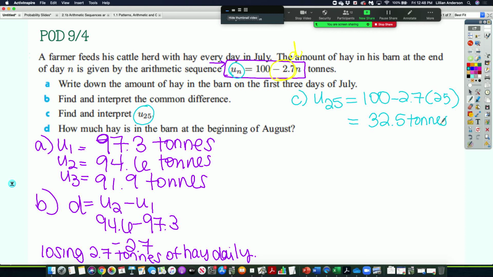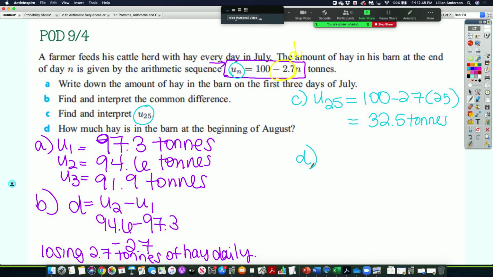Two of you had said two very good sentences, so both of those would work. And then also you can pretty much just take this sentence right here: the amount of hay in the barn at the end of the 25th day is 32.5 tons. So anytime it says interpret, we just have to write it in a sentence including the number. Correct.